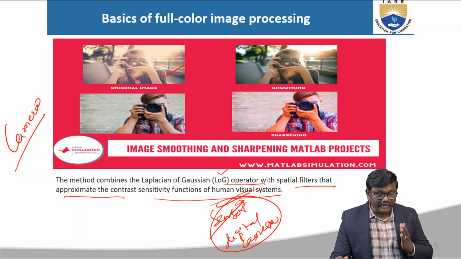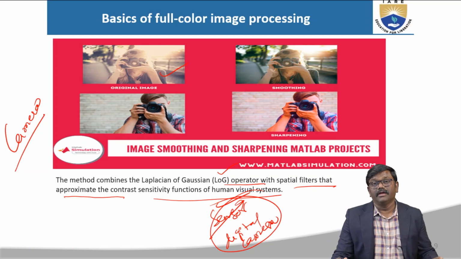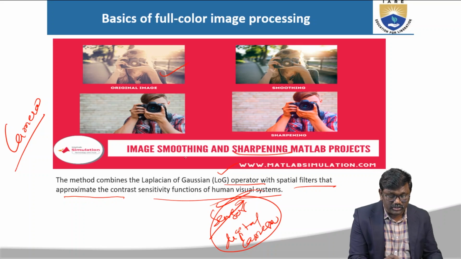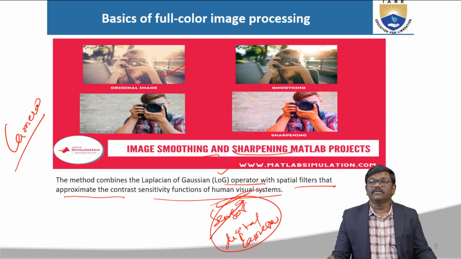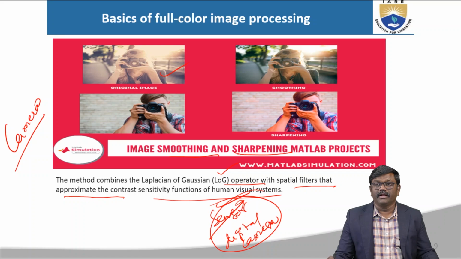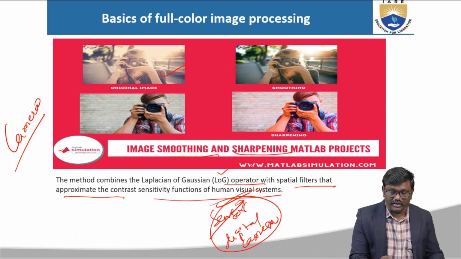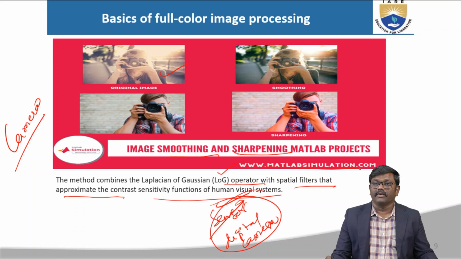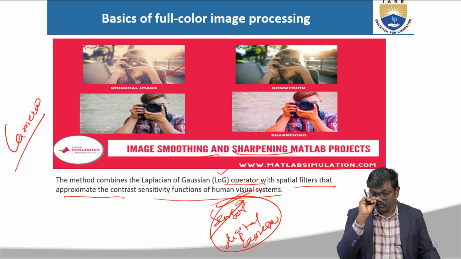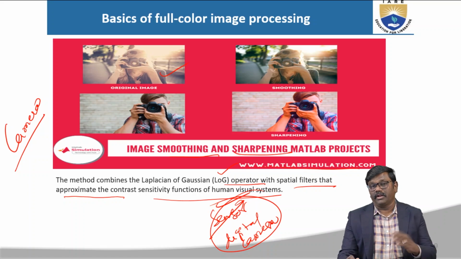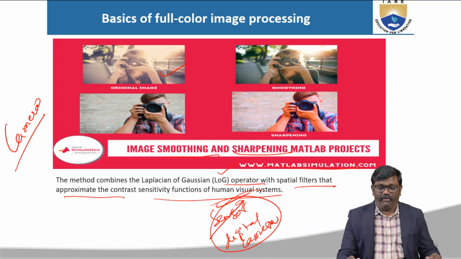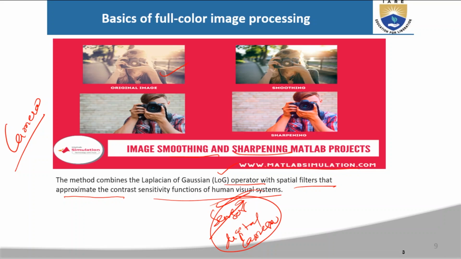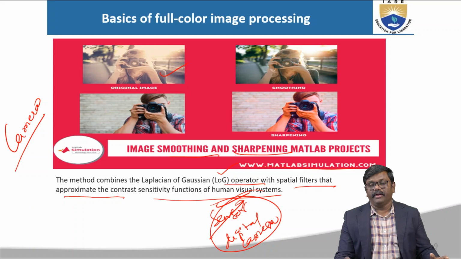So we can extend this color image processing in terms of smoothing and sharpening. Students have done this with the help of MATLAB simulation, converting the selected image through the selected camera sensor to the required output.